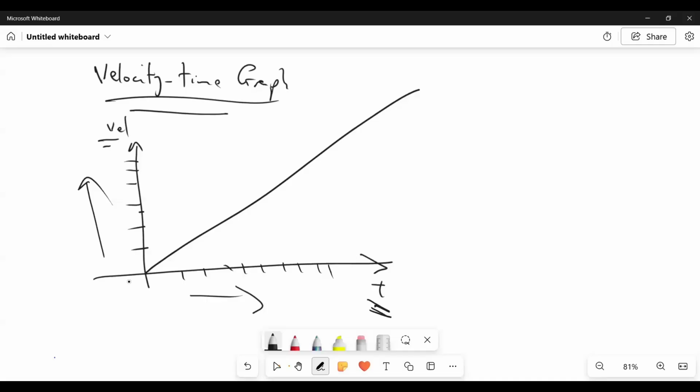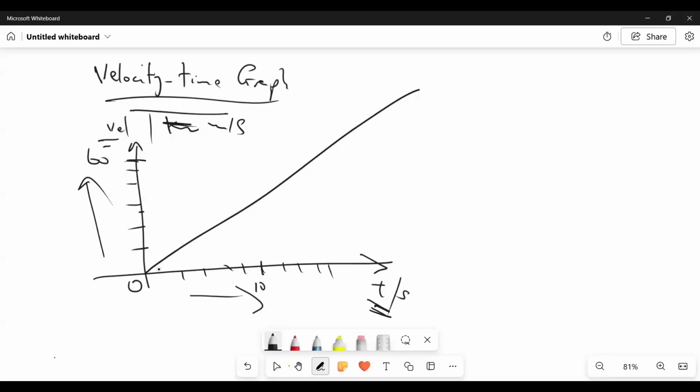Let's take the origin. Let's say down here is 10 seconds and up here is 60 meters per second, t in seconds, velocity in meters per second.